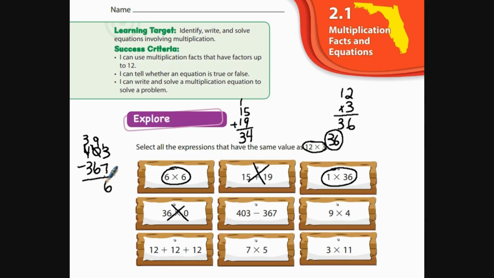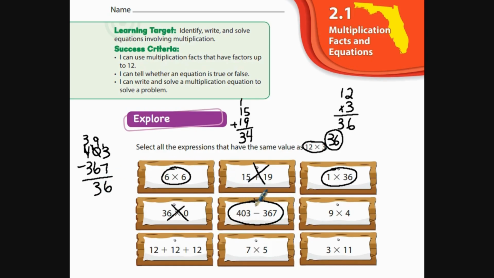So I know that 6 plus 7 is 13, or in other words, 13 minus 7 is 6. I'm going to go to the next place value. 9 minus 6. If I have 9 and I take 6 away, that's going to leave me with 3. And guess what we have? We have 36, so we're going to circle that.